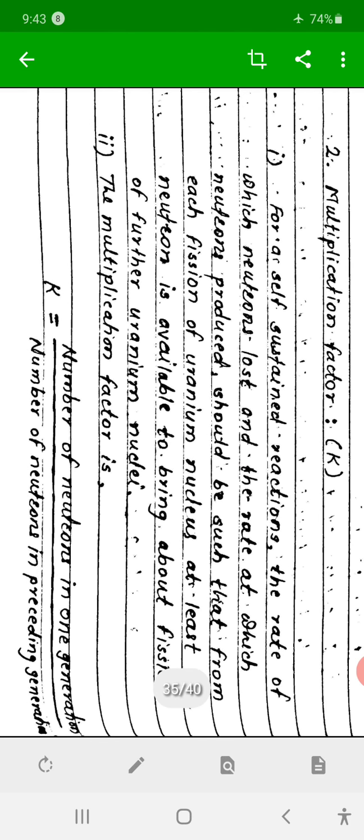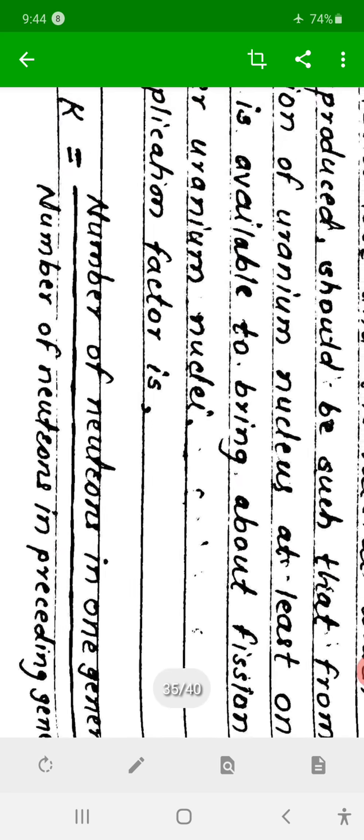If K is equal to or greater than 1, then nuclear fission is a self-sustaining reaction. And if K is less than 1, what is the situation? In one generation, the number of neutrons is less than in the previous one. Then the nuclear reaction will cease or slow down and finally not be possible.